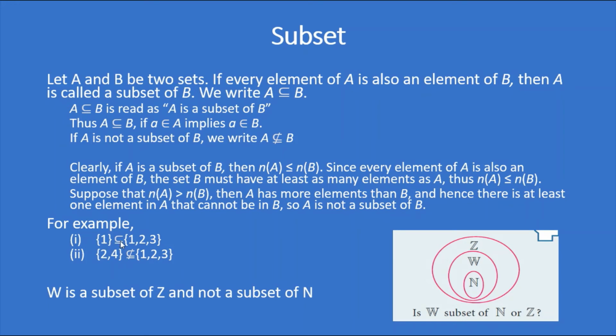Here 1 is present and the same is here, so we can say {1} is a subset. In this second example, {2, 4} is not a subset of {1, 2, 3} because 4 is not present in this set. We can say the set {2, 4} is not a subset of {1, 2, 3}.